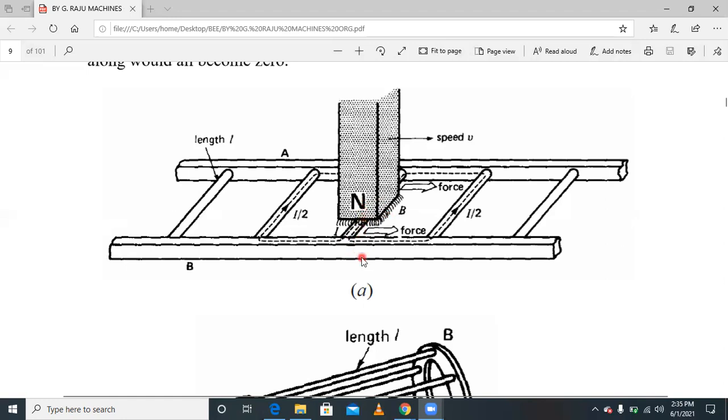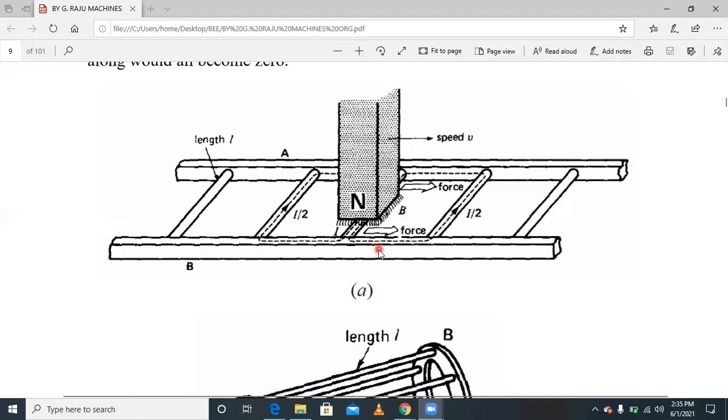There is no relative speed between these. That's why there is no change in flux here, no EMF induced, no current developed, and the force acting on this rotor is also 0. That's why this rotor is not rotating.